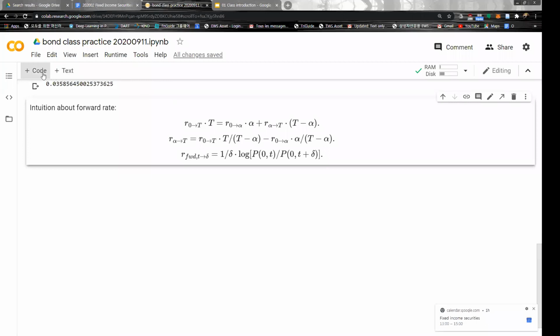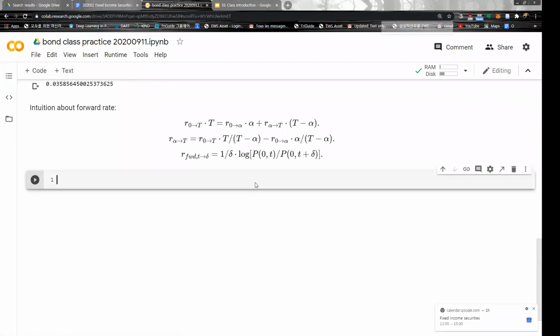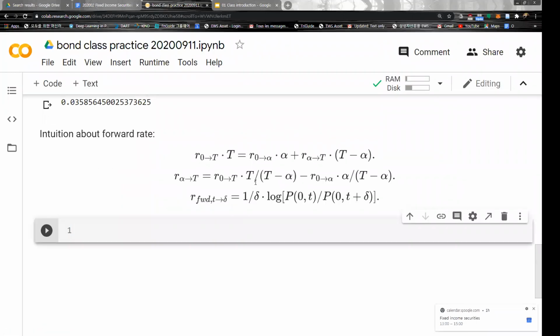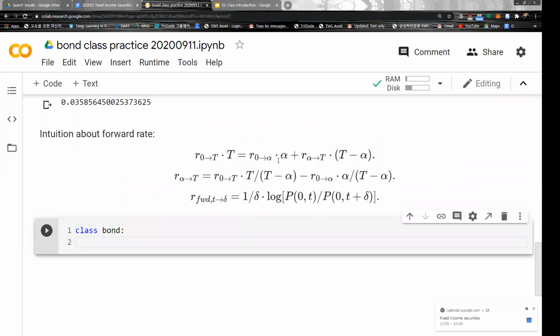Let's add code. I think the smarter way is to make a class, and make a bond. For the time being, let me say it is pass.